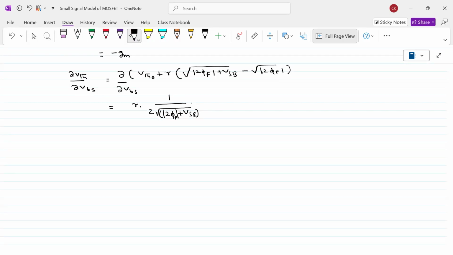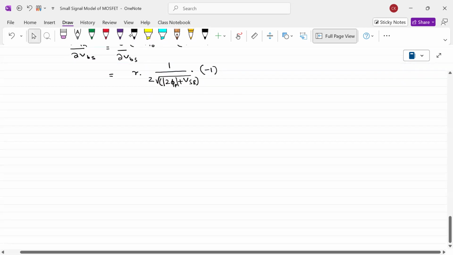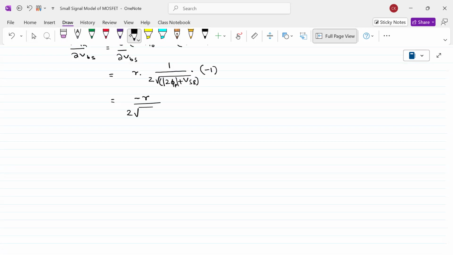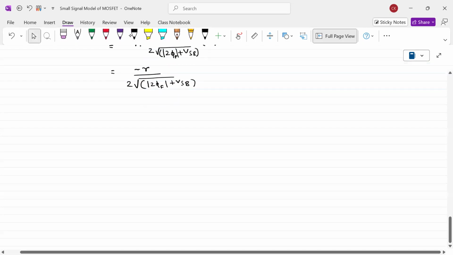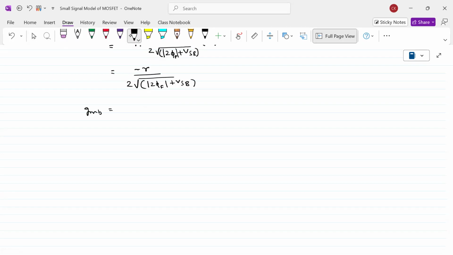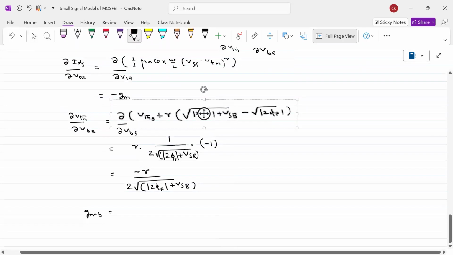Into, so we would like to get the VBS, but it is there as VSB. That means the reverse is there, right? We have to take the minus. Therefore, the value of this one now becomes minus gamma divided by 2 root of magnitude of 2 phi f plus VSB. These two must be multiplied. We will get GMB is equal, minus will get cancelled, sorry, it will become plus.